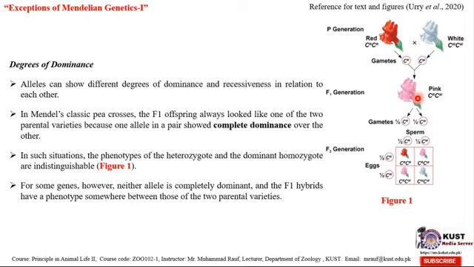Now the F1 hybrids will exhibit a pink color. Pink resembles neither of the two parents, and it is somewhat a mix of either parent. So we can say that the F1 hybrids are exhibiting the phenotype of both parents to a certain degree.